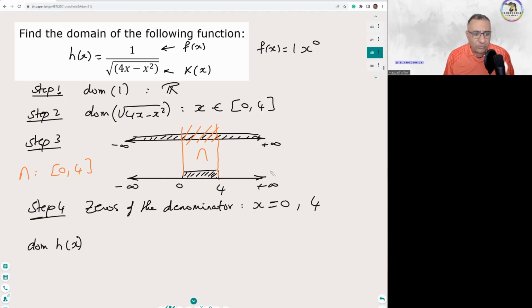So the domain of h of x is x belongs to R, such that x belongs to the open interval from 0 to 4, because 0 and 4 are now excluded from the domain, right? Or we can write x is bigger than 0, less than 4.